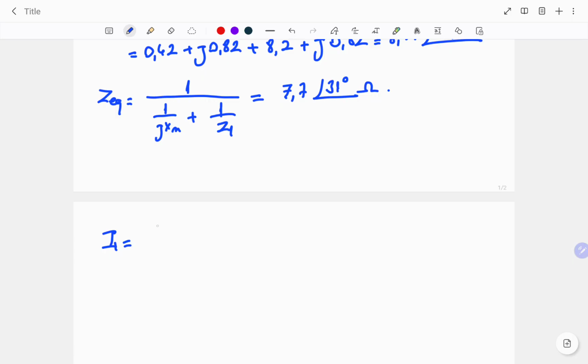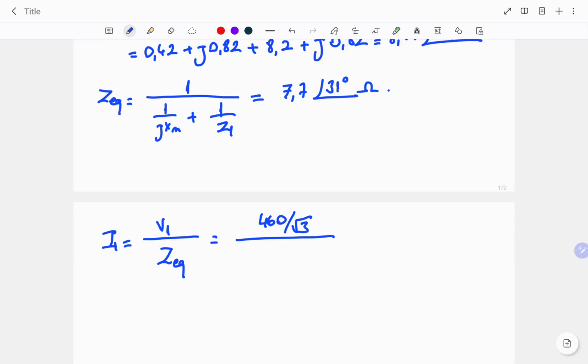I1 will be equal to the per phase voltage divided by the equivalent impedance. So the rated terminal voltage, which represents the phase-to-phase voltage, is given as 460 volts. We will divide by square root 3 because of the V1 per phase voltage.